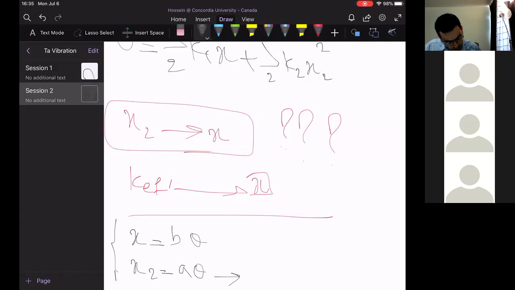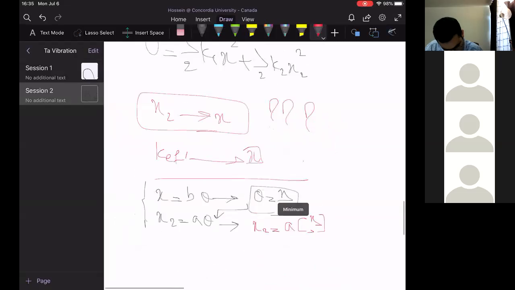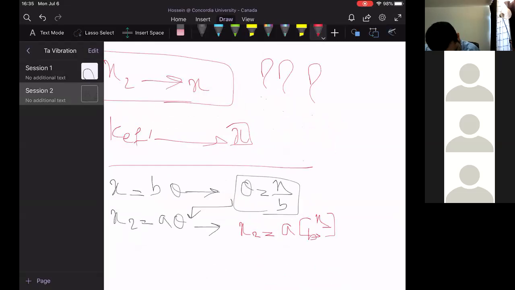From the first equation, theta is x over b, so you could plug in theta here. Therefore, x2 is a multiplied by theta, and theta is x over b. Therefore, x2 can be written as a over b multiplied by x.